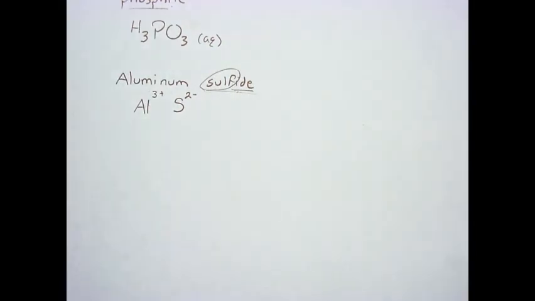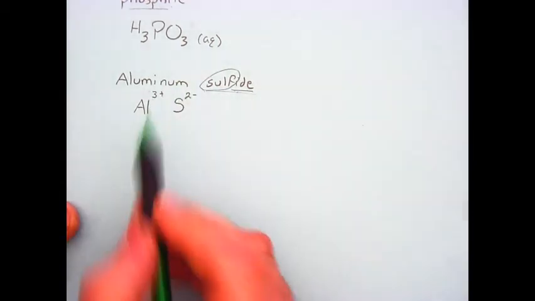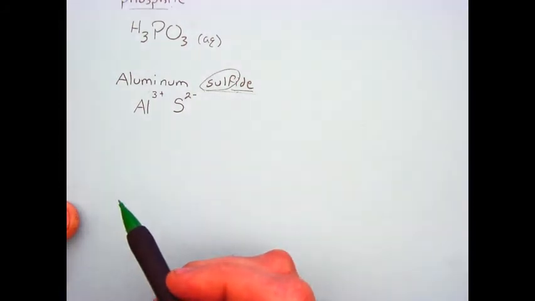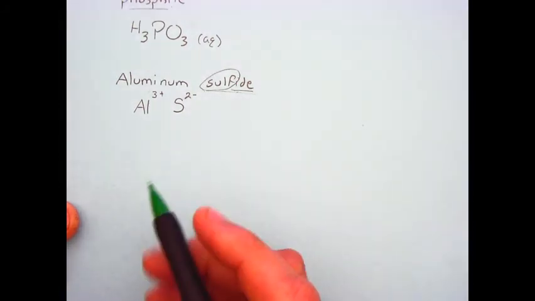Now, once we have the charges and symbols, we then do a simple trick to make sure that the compound is electroneutral, so that all the positives equal and cancel out with all the negatives. And we do that by doing a simple rule called cross, drop, and reduce.